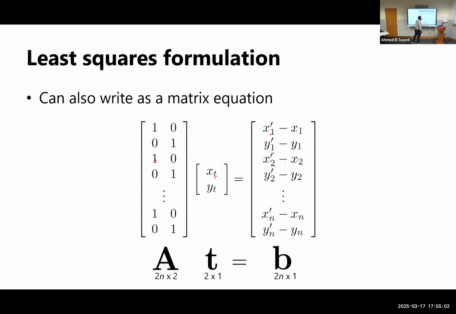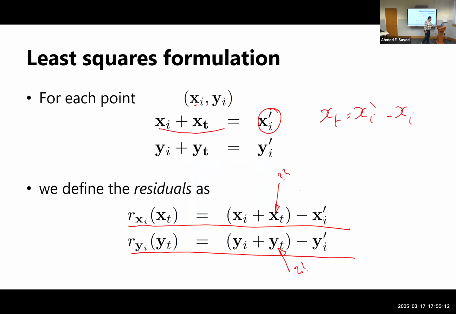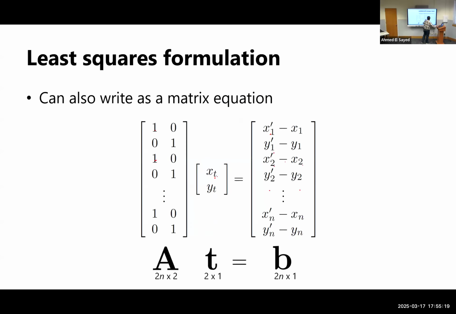At the same time, xt equals x3 dash minus x3, and so on. Then I will do the same thing for the y. So the y will look the same: yt equals y1 dash minus y1, equals y2 dash minus y2, y3 dash minus y3, until I arrive at yn dash minus yn.